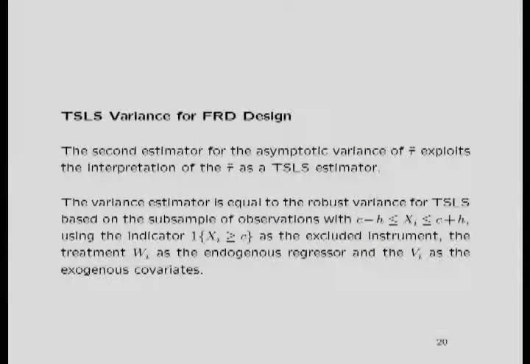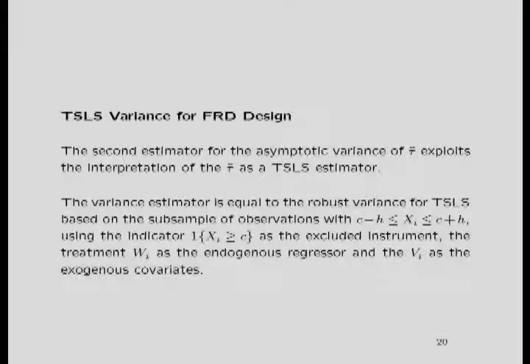Second way of estimating the variance, and that really relies very heavily on using the rectangular kernel, is using the fact that here the estimator can just be written as a two-stage least squares estimator, conditional on the bandwidth and conditional on using a rectangular kernel.